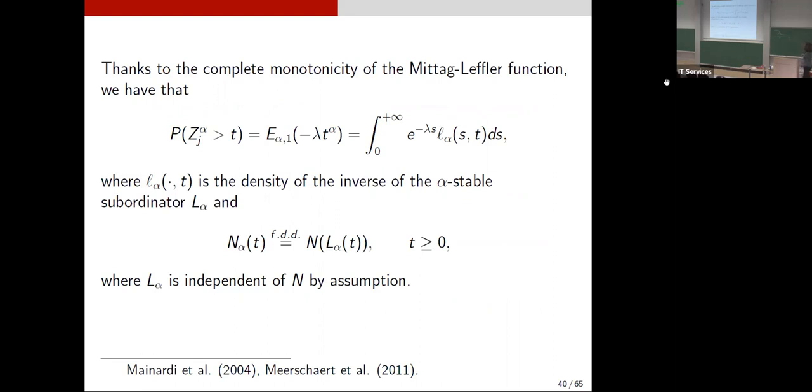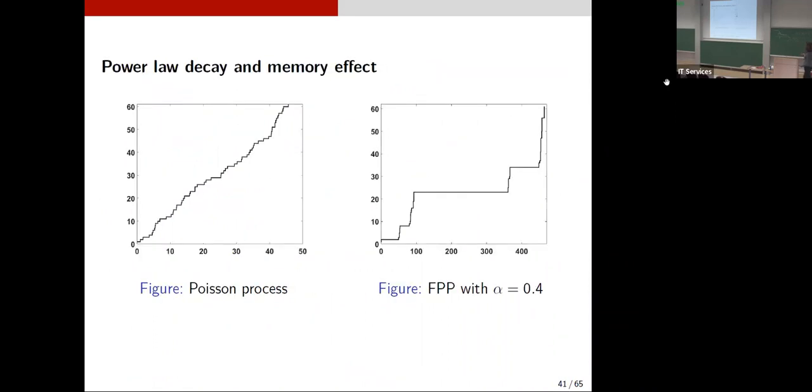Of course, this time argument is the inverse alpha-stable subordinator, which is assumed independent of N. But this has the consequence that we have much longer interarrival times, since the distribution of the interarrival times now has infinite moments.